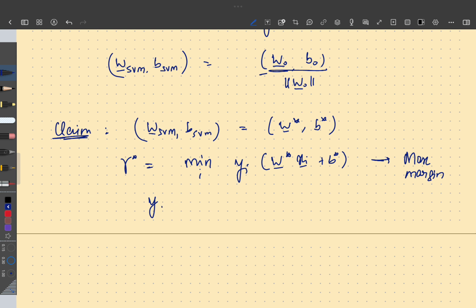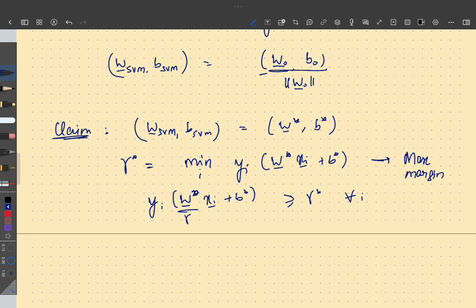So if I look at yi times w star xi plus b star, divided by gamma star, this is greater than or equal to 1, because this quantity is greater than or equal to gamma star for all i.